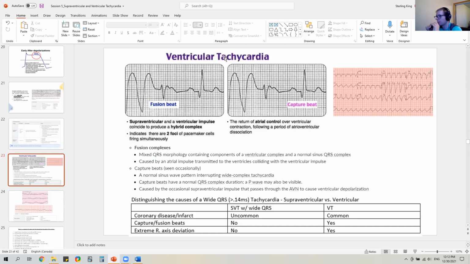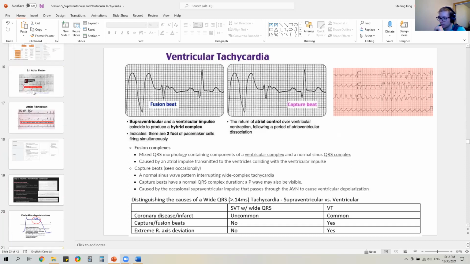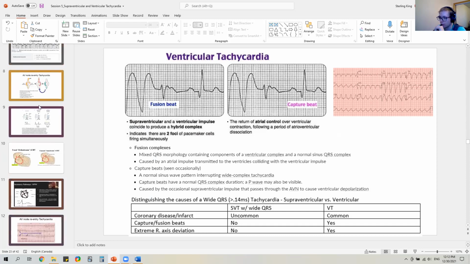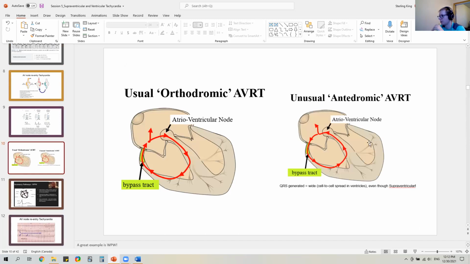Ventricular tachycardia. There are a few rules to differentiate supraventricular tachycardia from ventricular tachycardia. Let's go back briefly to the unusual case where the impulse goes up and then comes back down through the ventricles the opposite way.